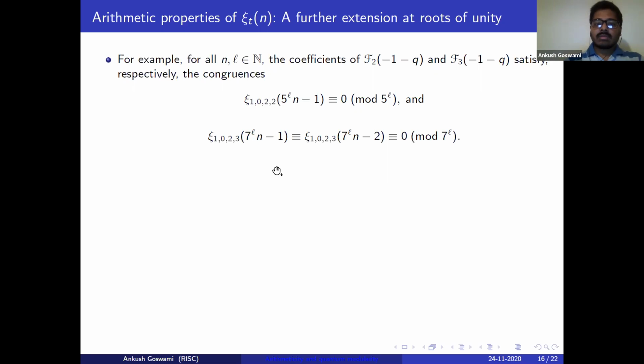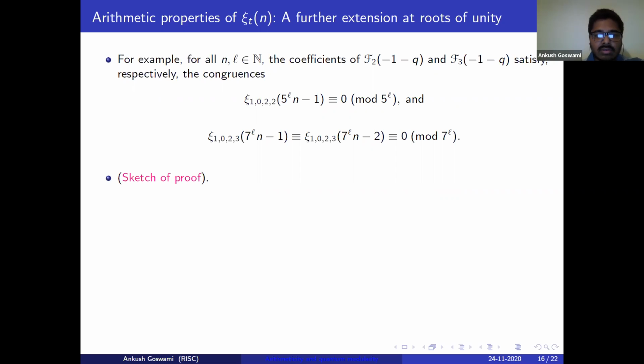And similarly, you get similar congruences for xi 1023. So here t is 3, and this is modulo 7 to the power of N. Okay, any questions so far before I go to the sketch of proof?